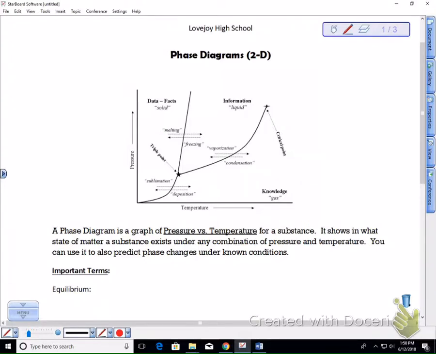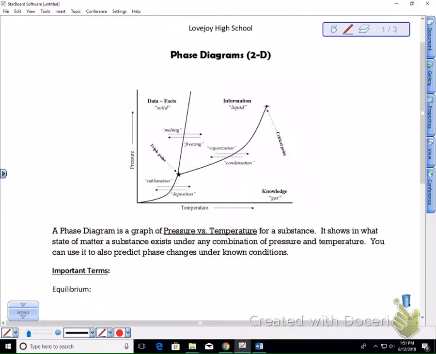So there's an equilibrium all the time while you're in a phase change. And there's not just one set temperature for a phase change to happen. The temperature at which a phase change occurs also depends on the pressure you're at. And that's why these curves, or these lines, are curves.